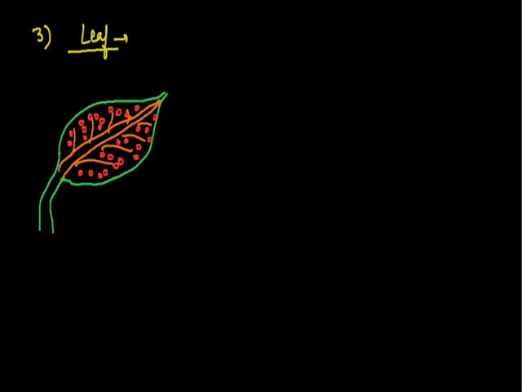If you highlight one tiny pore, then you can see a stomata with kidney-shaped or bean-shaped guard cells. Their inner wall is thick, and they have chloroplasts.